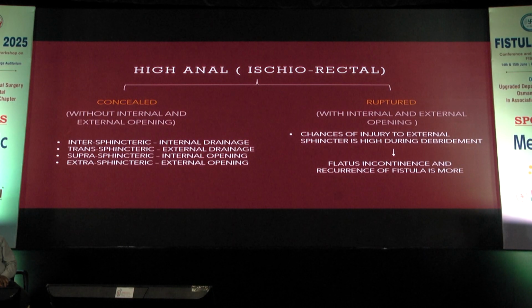You have to identify, properly plan, and then deal with that ischiorectal fossa. If it is near the anal canal you can easily do it, but when it is a high fistula, you need to plan properly and then take out the entire abscess cavity with the fistula.